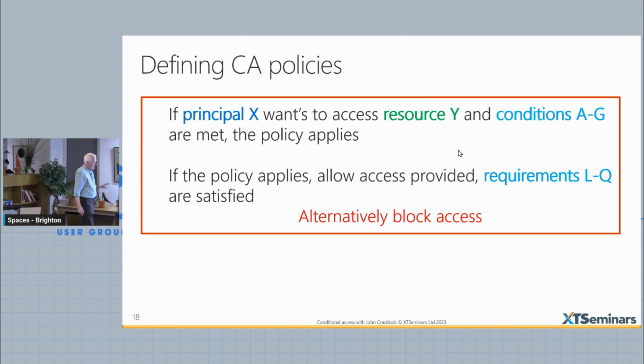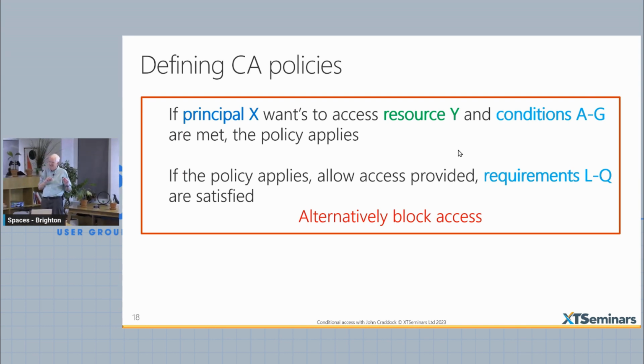If that's satisfied, you can grant access, or you could say this policy blocks access. So if you had legacy authentication, you would choose your legacy authentication clients. Legacy authentication, by the way, is where you put a username and password in a header, and it's particularly dangerous because you can do all sorts of attacks based on that. So you could block legacy authentication.